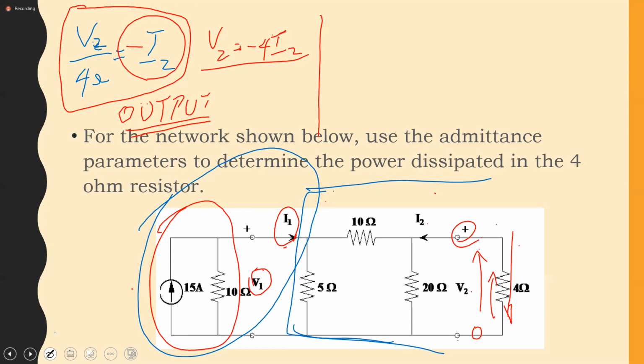What does that represent? Current, sorry. A current. Can you subtract a voltage from a current? No. It's dimensionally impossible.